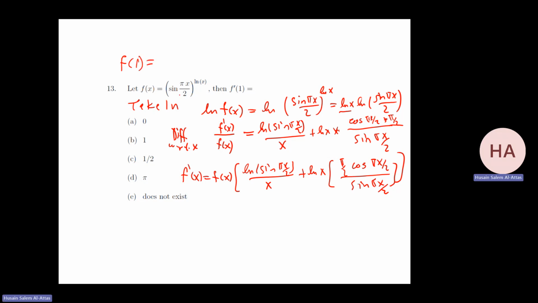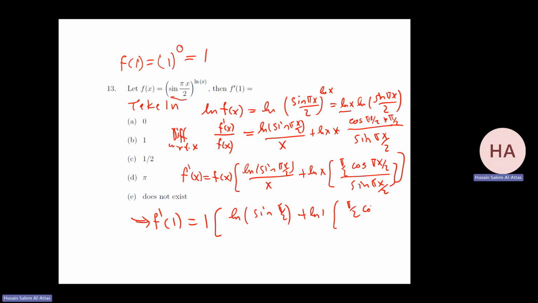F at 1 will be sine pi over 2, which is 1, ln 1, 0. So f prime at 1 is f at 1, which is 1, times ln of sine pi over 2 over 1 plus ln 1, which is 0, times pi over 2 cosine pi over 2, which is 0, over sine pi over 2. So I'm getting 0 plus 0, which is 0.